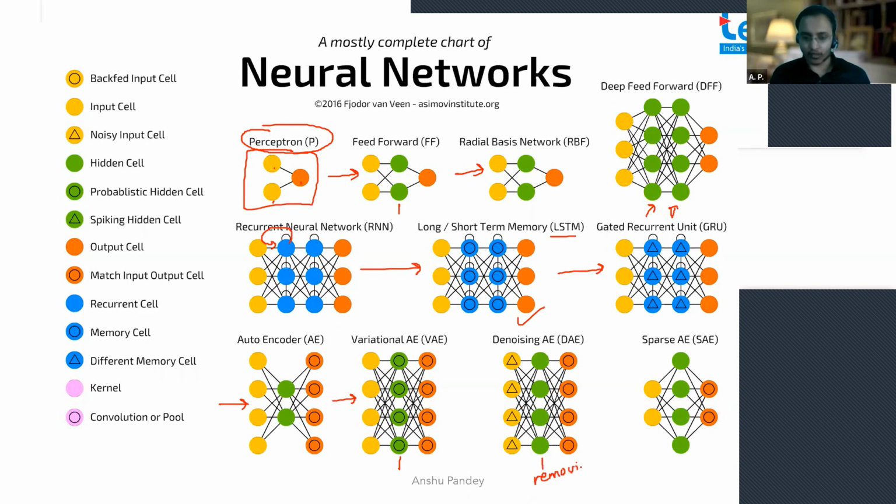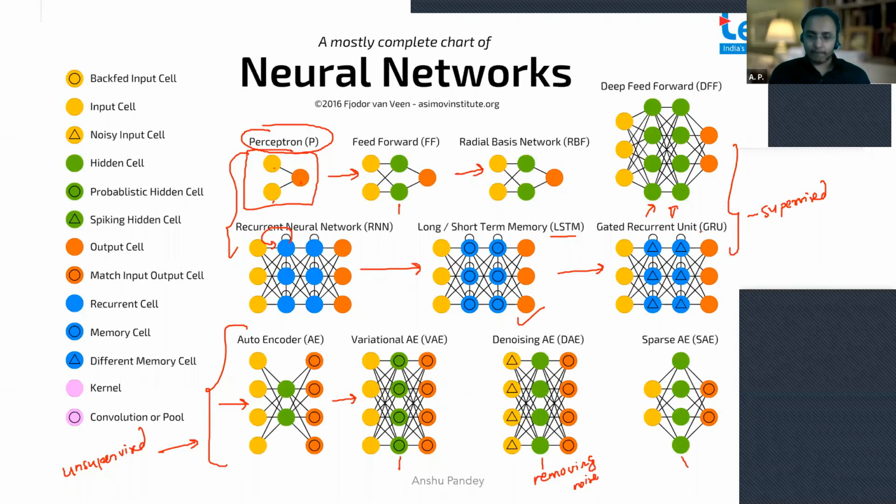So if I have to remove noise from images, I can use this particular version of autoencoder. And sparse autoencoders could be used for recommendation engines. So autoencoders are part of unsupervised machine learning algorithms from neural networks. Autoencoders are a way of using neural networks with the help of unsupervised machine learning, right? Whereas these all are part of supervised machine learning, right?